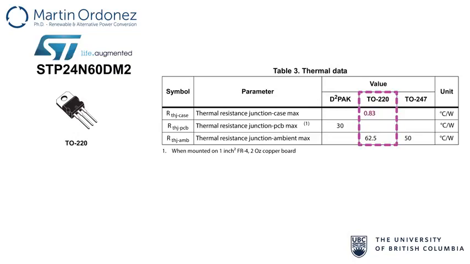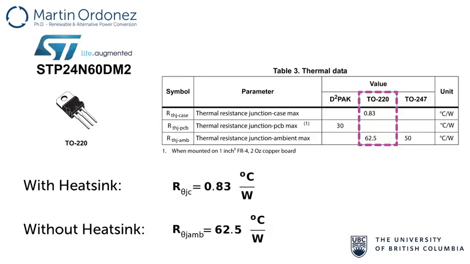The first one is for when there is a heatsink connected, and the last number refers to when there is no heatsink attached to the MOSFET. Therefore, we have the junction to case or R theta JC resistance for when we are employing a heatsink, and R theta J ambient for when we are not using a heatsink.